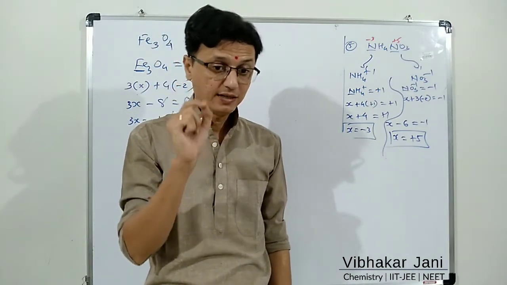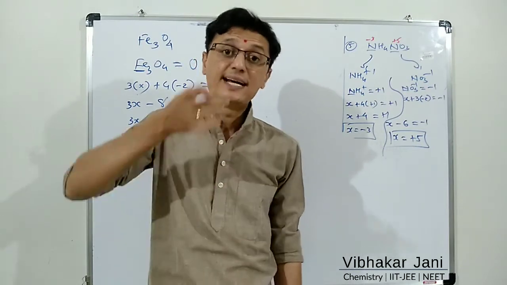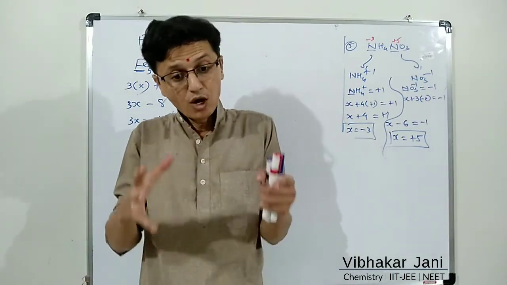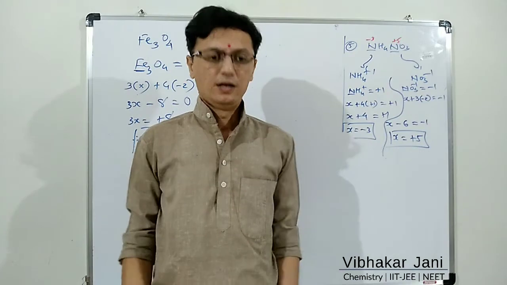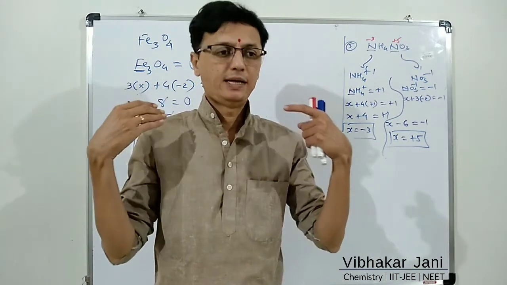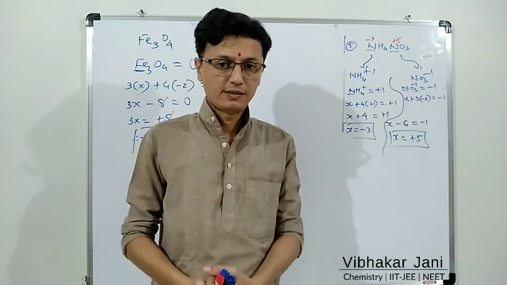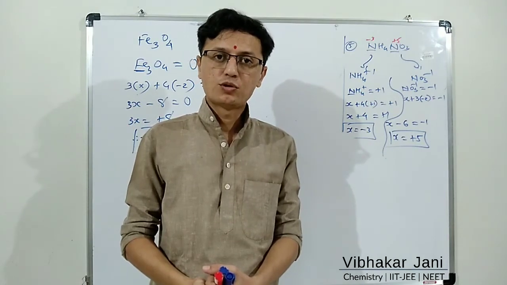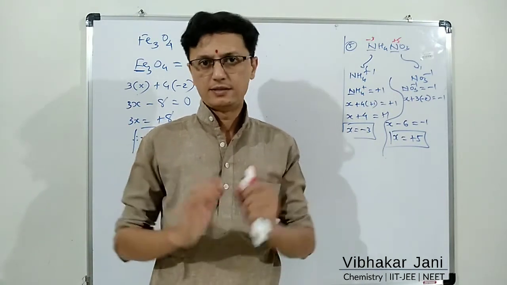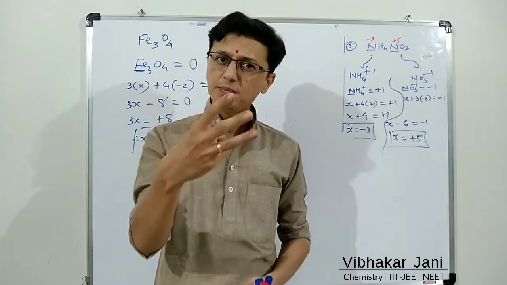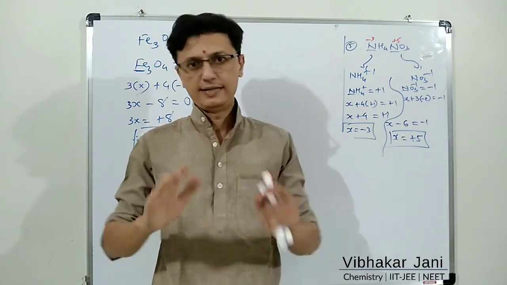Now, why am I saying it is a quantum? Because it is indivisible. It is in a whole number. If you go to any shop and ask, I want 1 pouch of milk, then you will easily get it. If you say, I want 3 pouches of milk, you can get it.